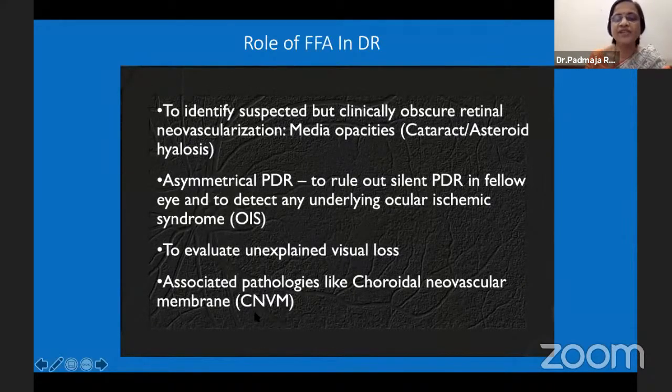However, FFA is never used for screening for diabetic retinopathy because it is an invasive modality.